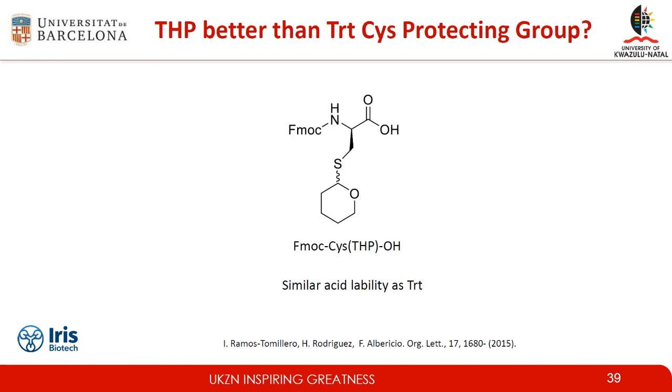I will not talk today about the cysteine THP because we have a lot of things, but also with Ivan Ramos Tomillero and Hortensia Rodriguez in Barcelona, we developed this. This is very interesting. In the future, we'll talk a little bit more. It's also available from IRIS. It's very interesting because it's very similar to trityl. You need 10–15% TFA to remove it, but note that it's not aromatic.